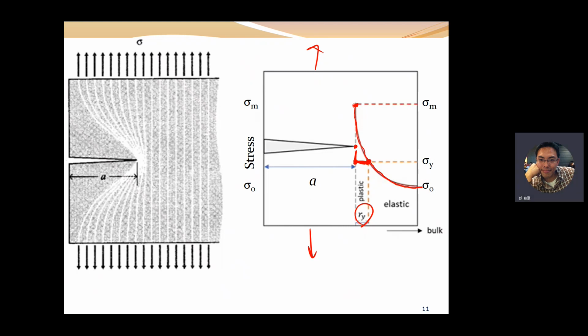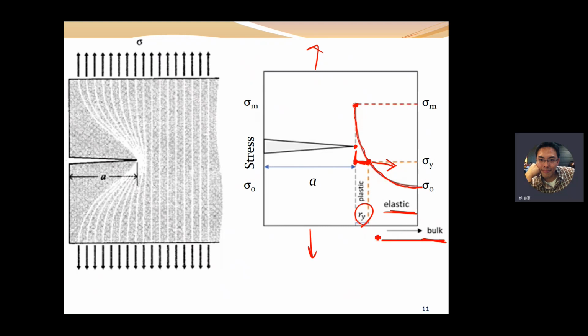And the position close to the center of the sample, this deformation belongs to elastic behavior. Okay, belongs to elastic behavior, close to the center.